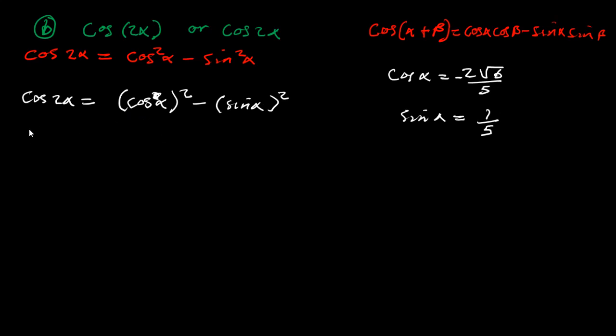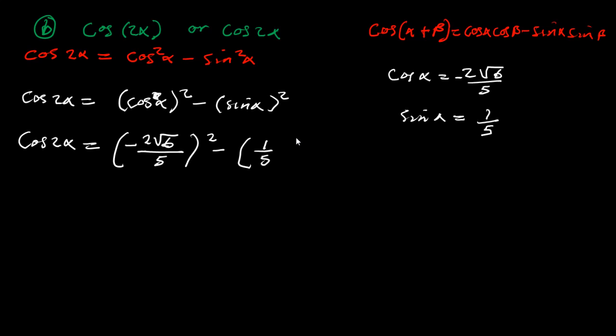After doing that, we can simply say cos 2 alpha is equal to, we replace where there is cos alpha with 2 square root 6 over 5, and then squared, minus, where there is sin alpha, 1 over 5, and then squared.